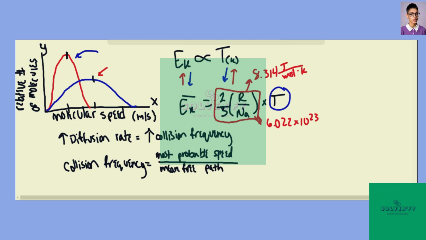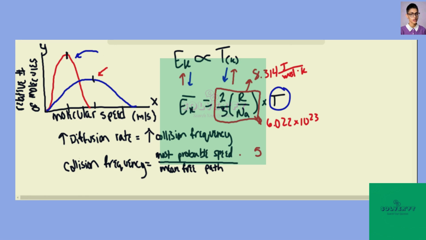So if we look back at our graphs, I'll use red for our red curve. We will have a probable speed of, let's just say this is some lower number. We'll use a number like 5. So our most probable speed, 5 meters per second. Now this is not accurate. These molecules will be going a lot faster than this. We're just going to use this as a simple explanation.